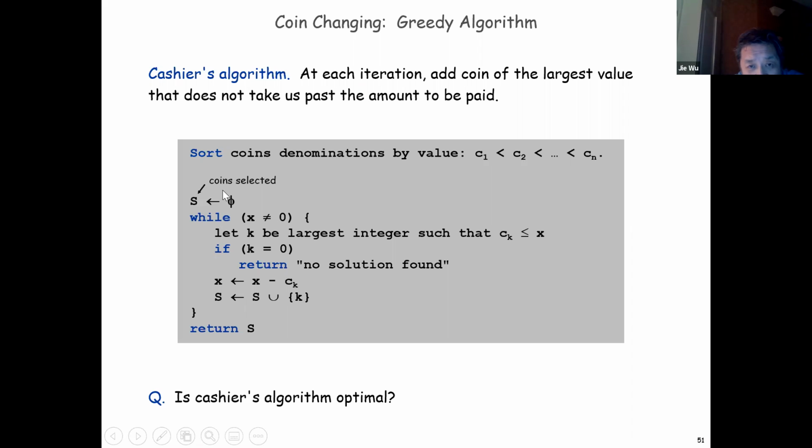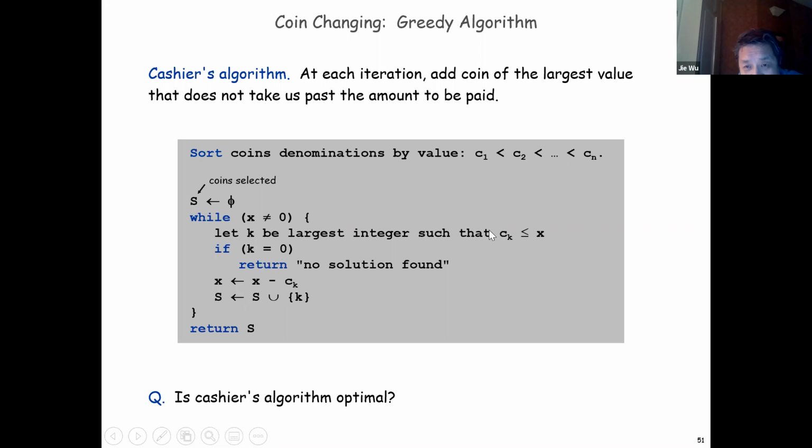Then for the coin you select, as long as the remaining amount is not 0, that means you still need to pay. You select the largest k such that the value c_k, for example 25 cents, is less than or equal to the remaining change. But you need to find the largest one.